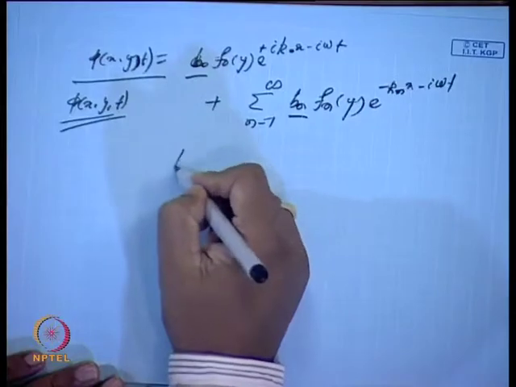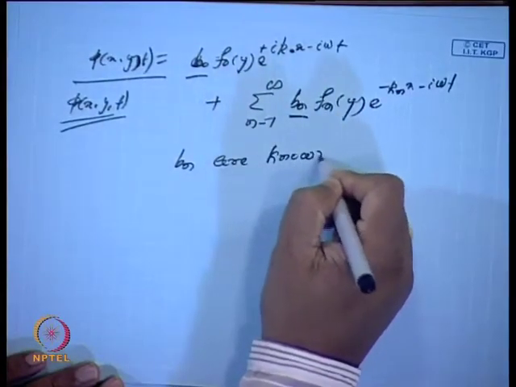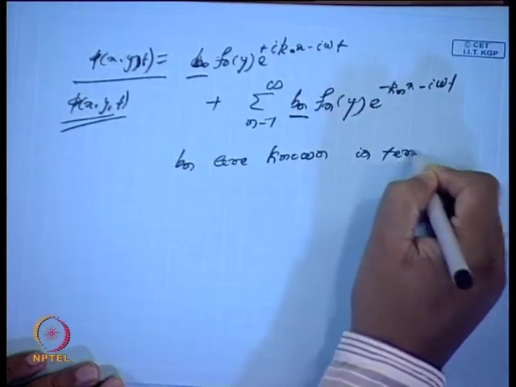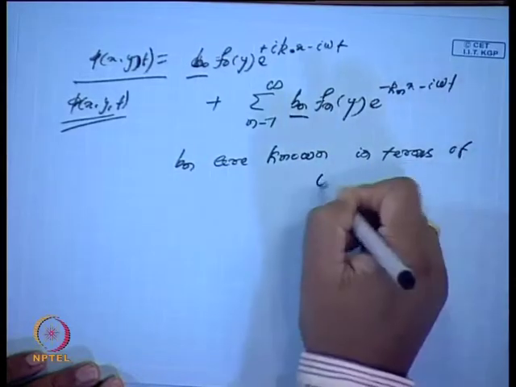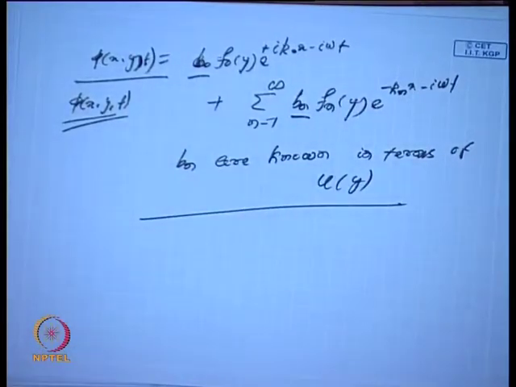So, now all b_n's are known in terms of u(y), because I have given b_0 and b_n in terms of u(t), where the variable of integration is t. So b_n's are known.